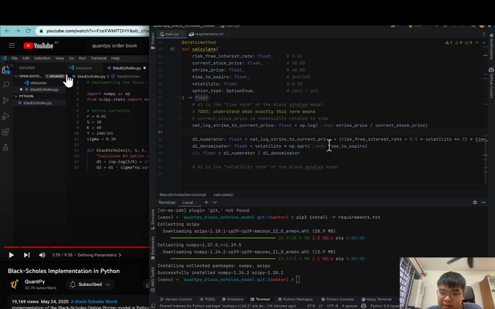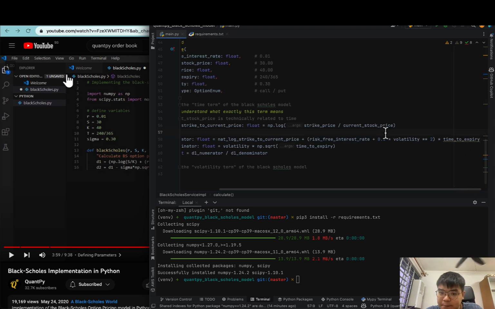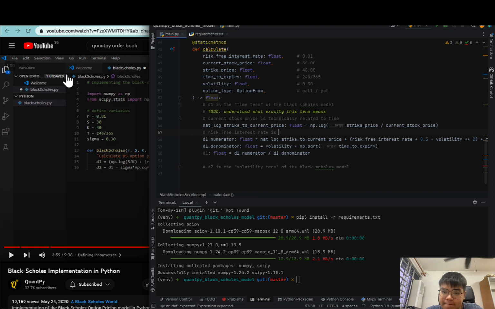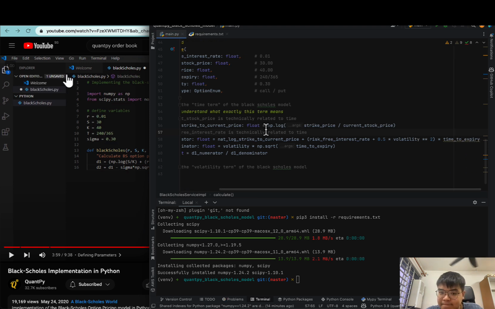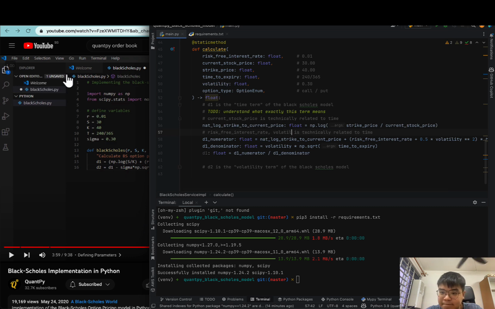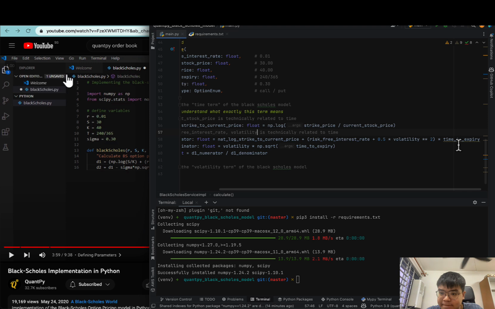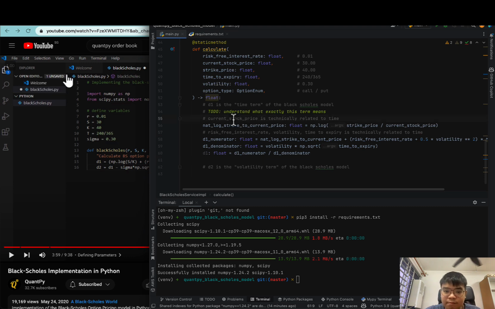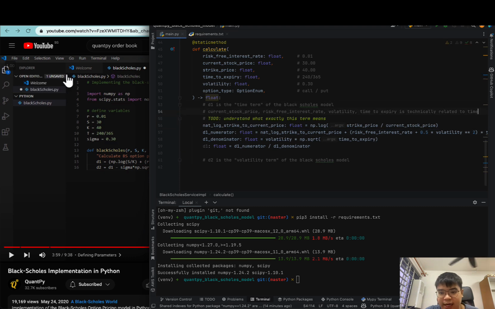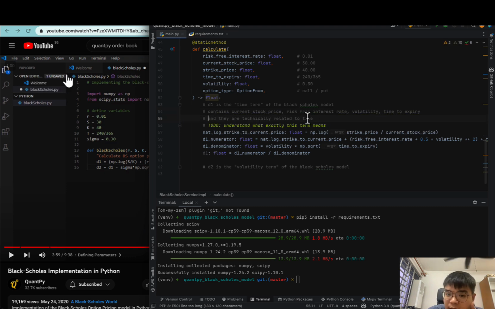And for this, okay, I guess that kind of makes sense. So the time term contains stock price, risk-free interest rate, volatility, and time to expiry.